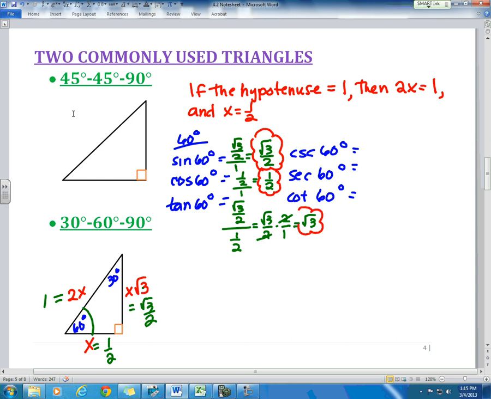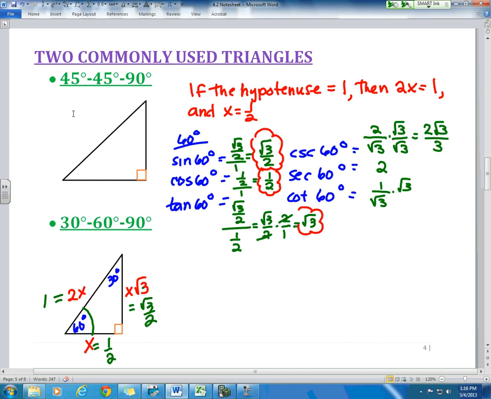Knowing that the other 3 functions are reciprocals, then we can say that the cosecant of 60 degrees is 2 over radical 3, or if we rationalize, we end up getting 2 radical 3 over 3. The secant of 60 degrees is equal to 2. And the cotangent of 60 degrees is equal to 1 over radical 3.